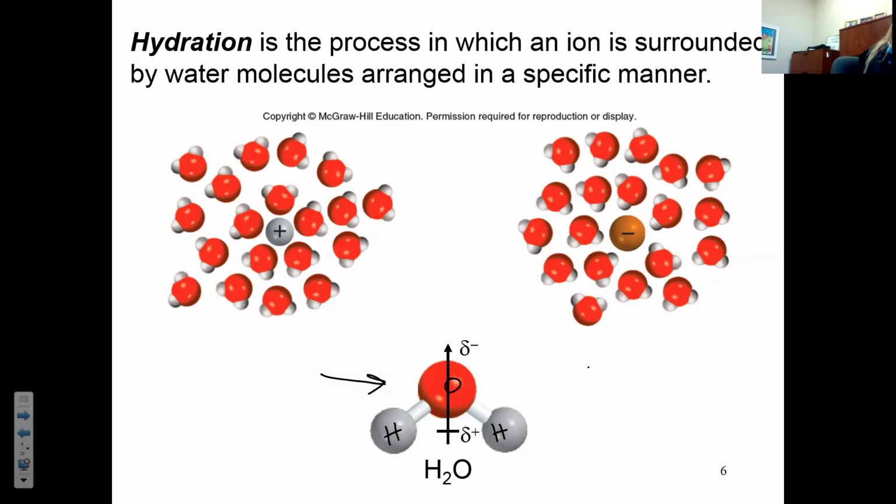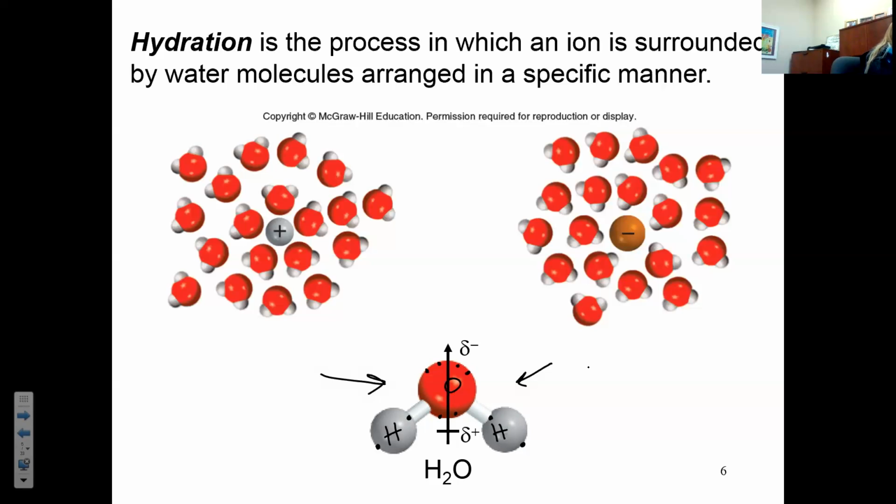Now, if we look at how many electrons each one of these atoms have, we notice that hydrogen has 2 electrons, and oxygen has 6 electrons. If we look at this model of the compound, we can tell that one side is more positive because there's less electrons around it, and one side is more negative.